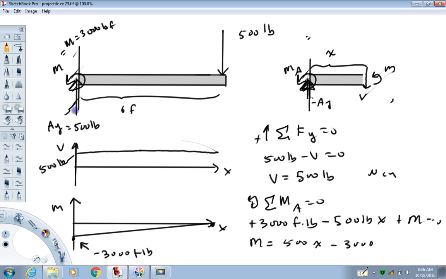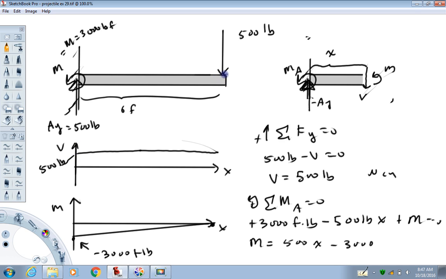Let me talk about the left hand. Notice we have this 500-pound reaction up, and imagine doing a free body, just a sliver of this. That sliver would have to have a 500-pound force down, and down is the assumed positive direction. So this thing matches this, and it also matches on the right-hand side.